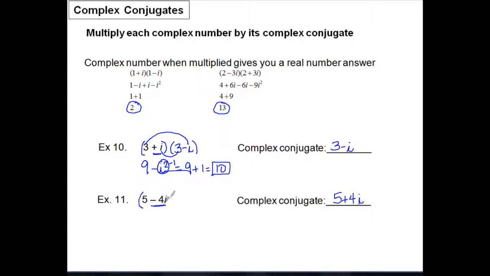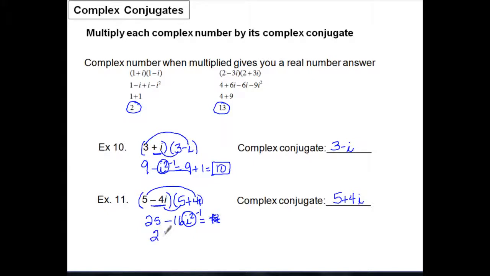Okay, let's try this one. 5 minus 4i times 5 plus 4i. All right, 5 times 5 is 25. Again, this 20i and this negative 20i will totally cancel out. Negative 4i times 4i is negative 16i squared. i squared is negative 1.